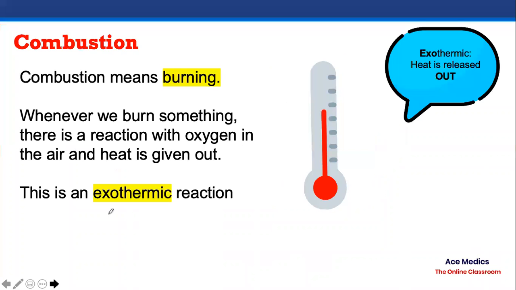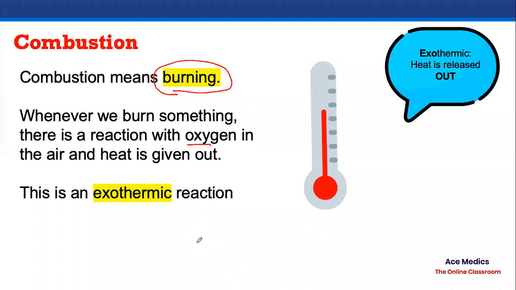Okay, right. So now we're going to move on to combustion, and we said that it was an example of exothermic reactions. So what does combustion actually mean? It just means burning. But the important thing to remember with combustion is that you're burning something, and also reacting it with oxygen.